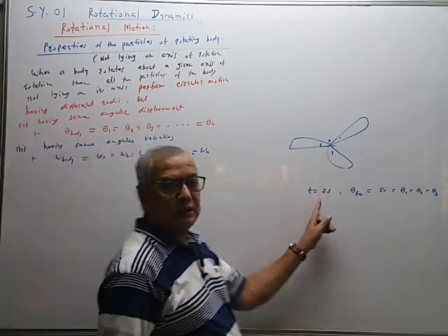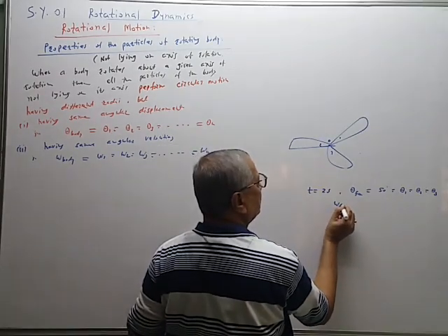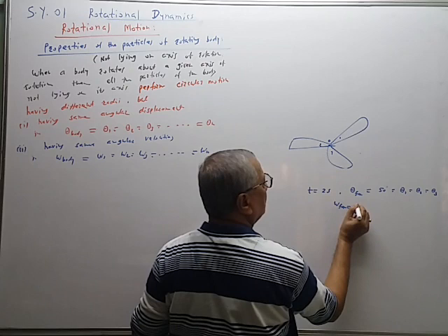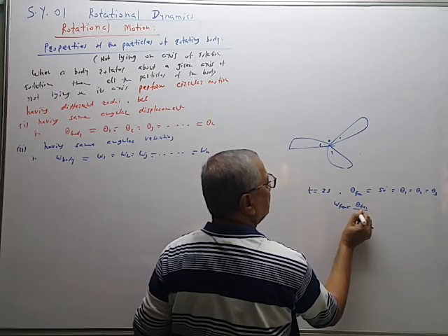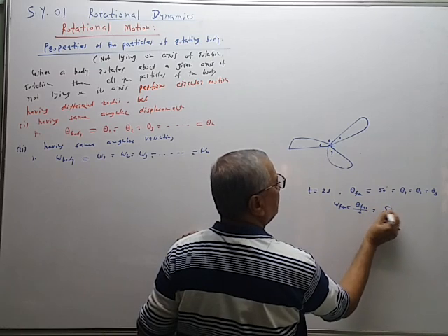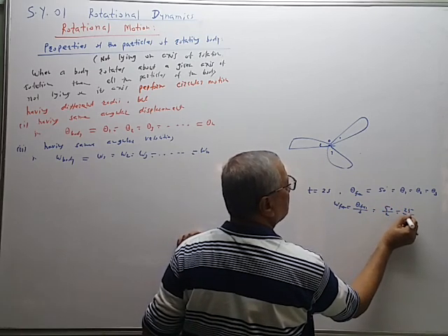Now see this, time taken is 2 seconds, so the angular velocity of the fan is equal to theta of the fan by t. So 50 degrees upon 2, that is equal to 25 degrees per second.